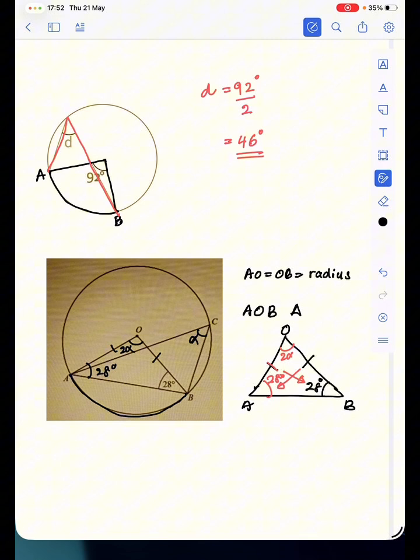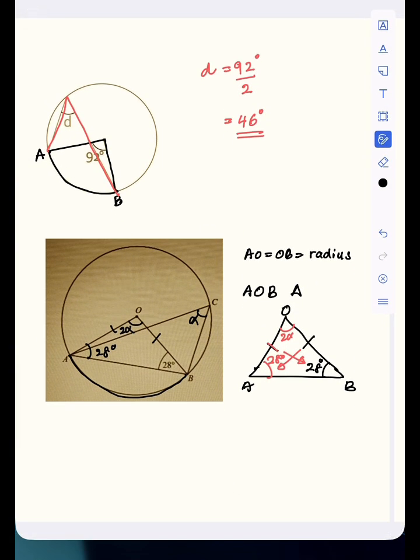Now, you know the sum of the internal angles of a triangle is 180, right? So that means for triangle AOB, 28 degrees plus 28 degrees plus 2 alpha is equal to 180. This is the sum of the internal angles of a triangle.